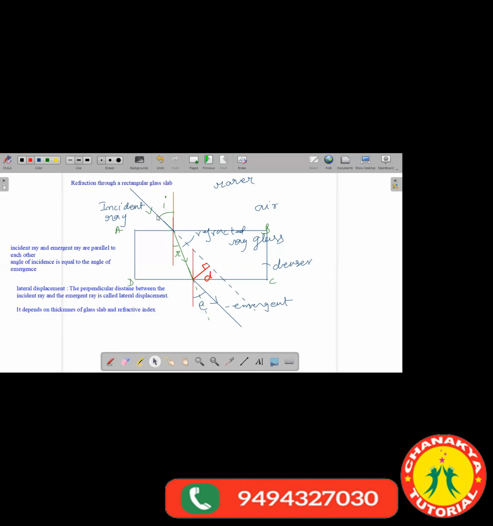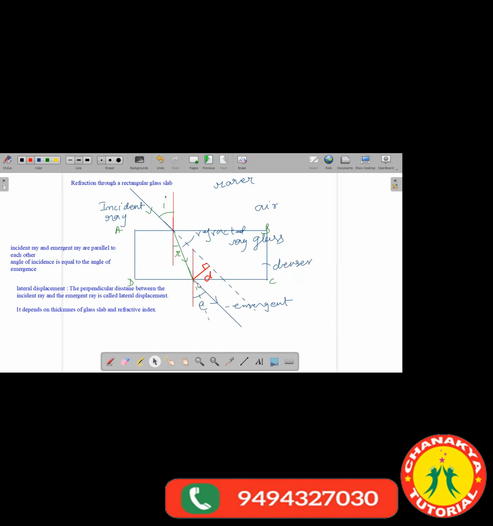So there is a refraction that occurs, giving you the refracted ray. Now when the refracted ray reaches the opposite surface CD, you have the second refraction occurring.